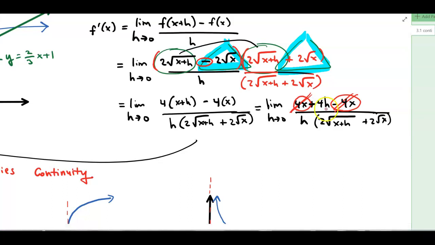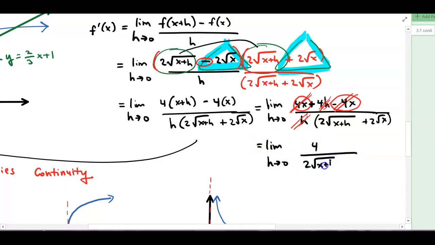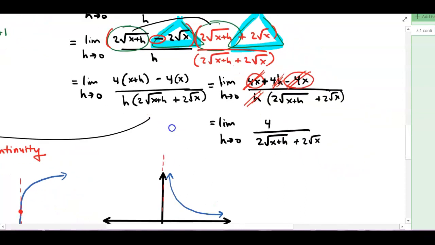So you could cancel this h right here on top and this h on the bottom, and you're just left with 4 in the numerator. So you're left with 4 all over 2 rad x plus h plus 2 rad x. Now you could do plug and chug.